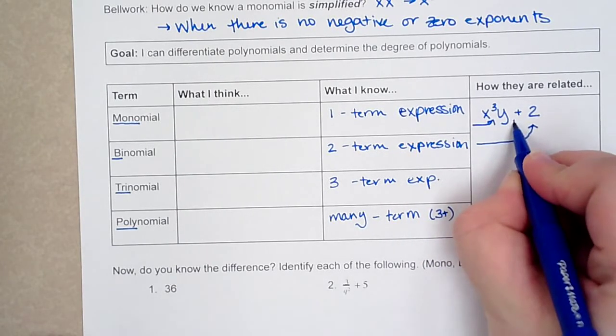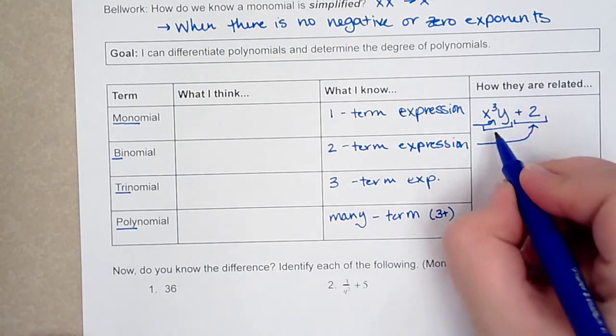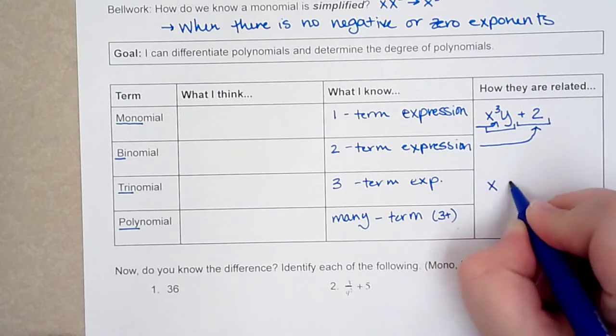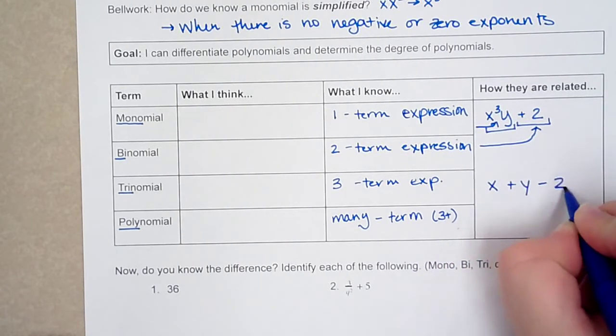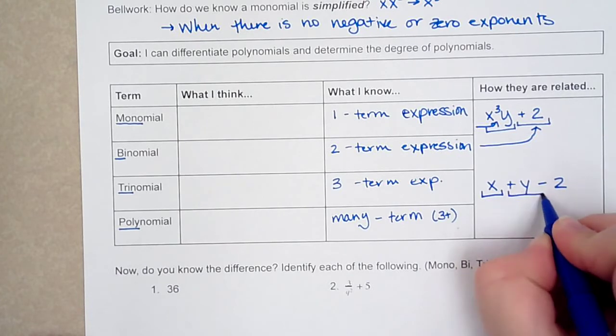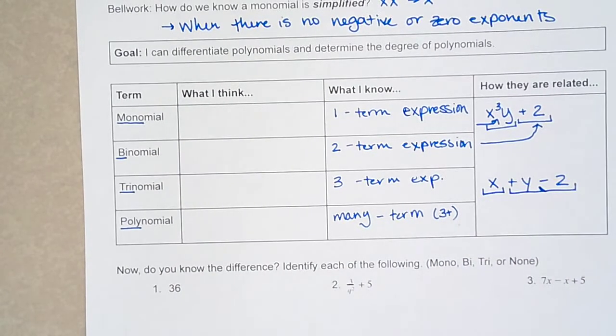Now, when I'm differentiating, I like to draw these little lines underneath. So let's do x plus y minus 2. Notice x is a single term, positive y is a single term, and negative 2 is a single term. So that would have 3 pieces, making it a trinomial.